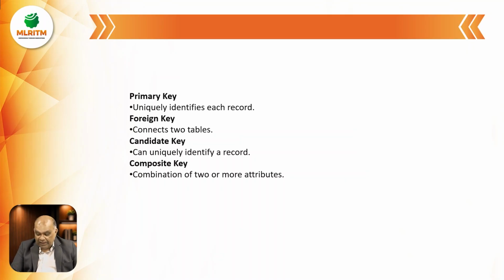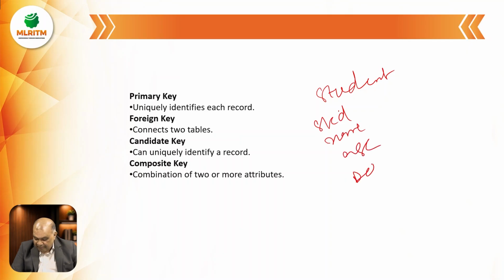So what is a foreign key? Suppose we have two tables. In one table I have student ID as a primary key. In another table I should have the same student ID but not as a primary key. Let me take an example. In the student table I have student ID, name, age and department.